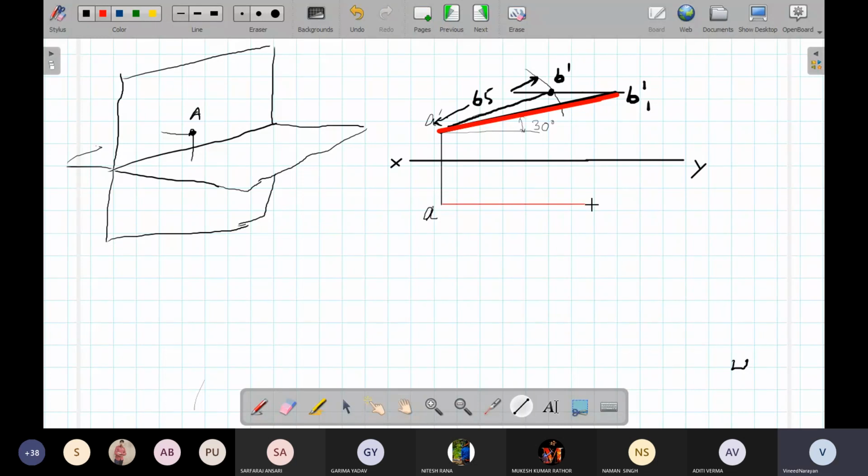These helping lines and projection lines should be thin. Only the important things which we want to highlight are thick. Let's draw this one as a thick line. This is the top view. Okay, if you have any doubt, you can definitely stop me.